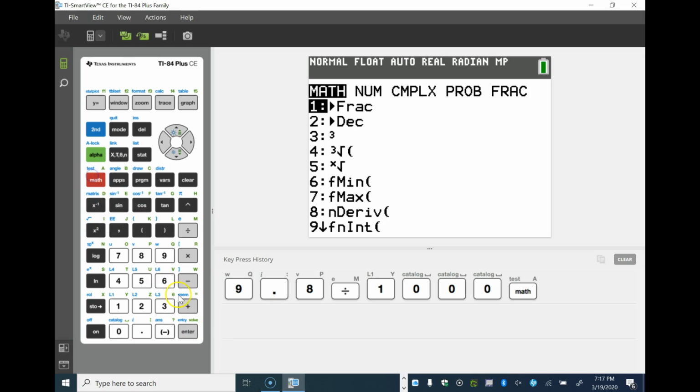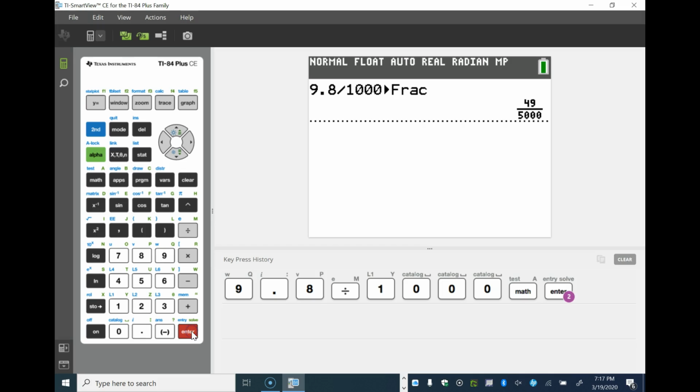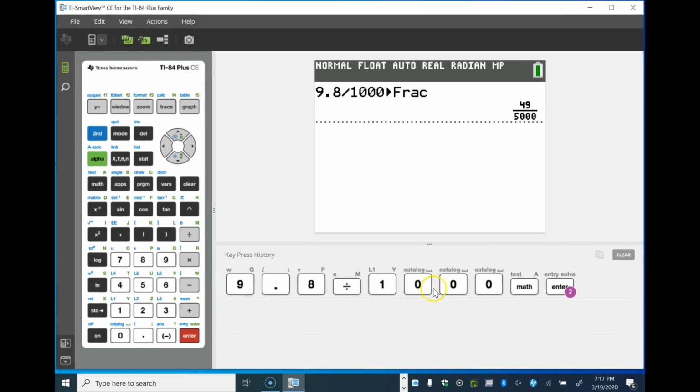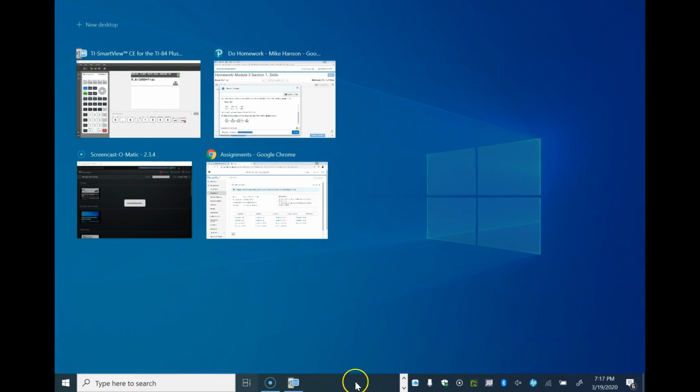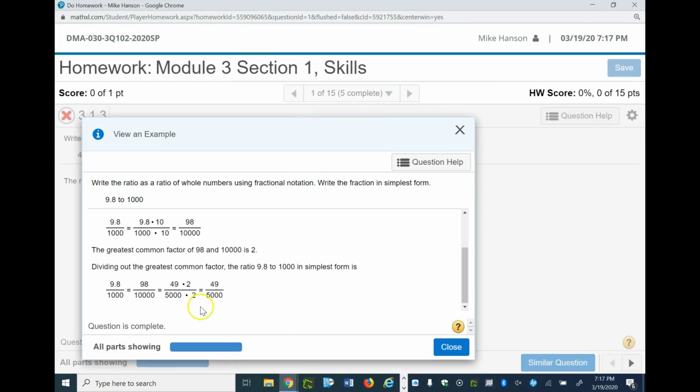Hit math, and then we go to the fraction, so we hit enter twice to get our answer, and see how we get 49 over 5,000. So this is basically all we need to do for this particular problem. So this is how they got the answer here.